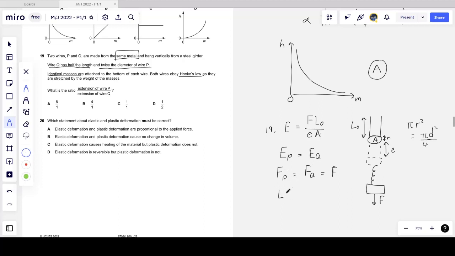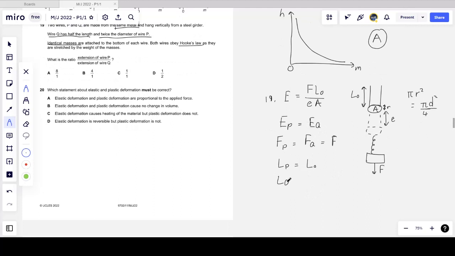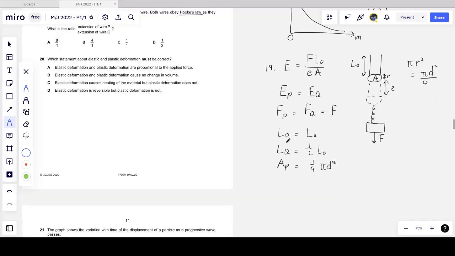I'm going to let the equilibrium length of P be L0, just for mathematical purposes. And the equilibrium length of Q is half of that. We are told that Q is half the length of P. The surface area of P is 1 over 4 pi d squared, but the surface area of Q is 1 over 4 pi.